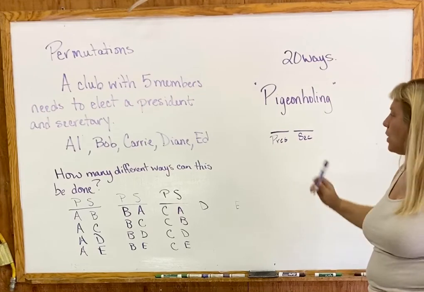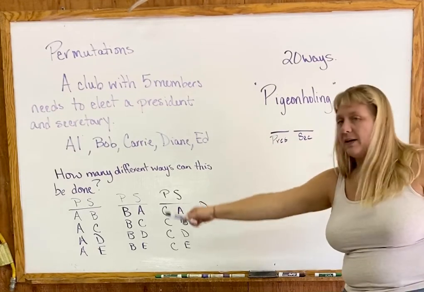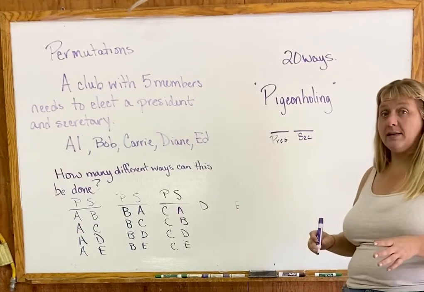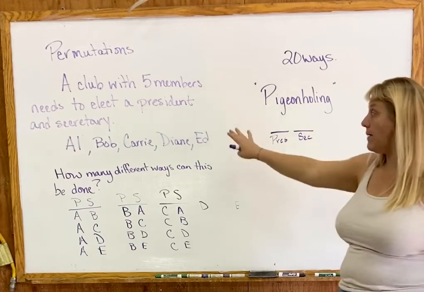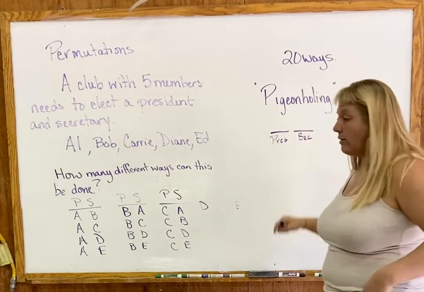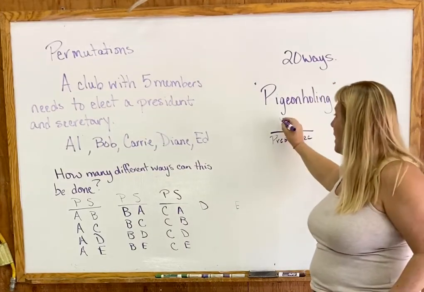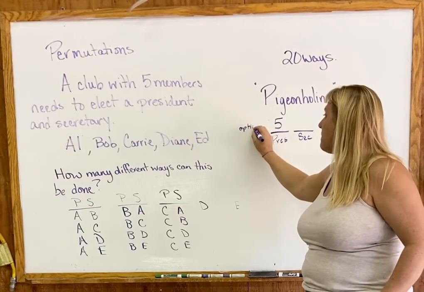Okay. So what we want to do is we want to decide, not this whole big thing, we just want to decide how many people, when we go to elect a president, how many people are vying for that first hole. And remember, everybody's supposed to be going for it, right? So we're going to elect the president first, everybody's fighting for it. So there are 5 different options. Okay, so we'll put our options.